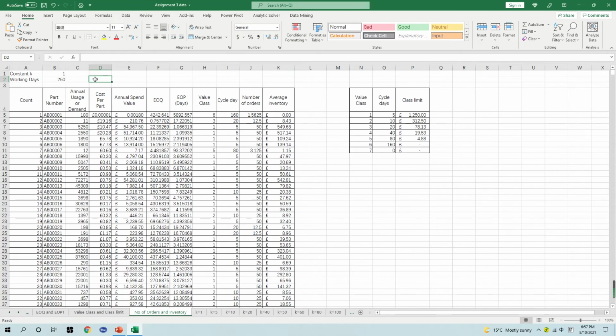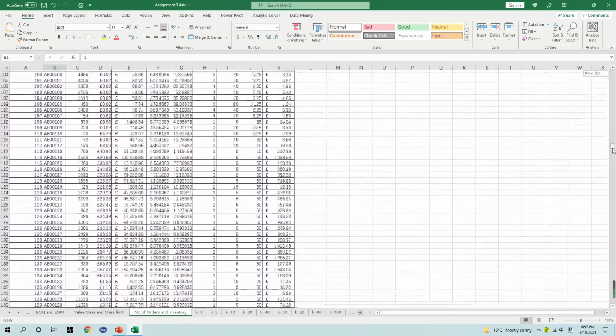For example, if I change this to 1, as you can see, the class limit has changed, and the number of orders and average inventory also changed.